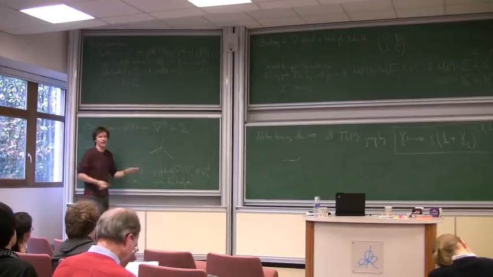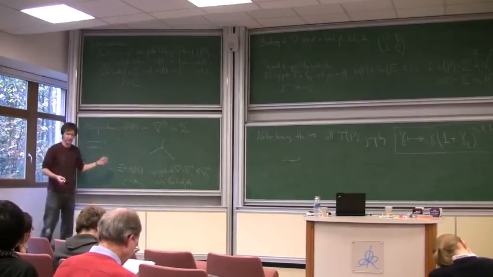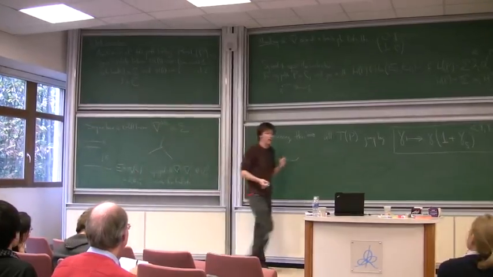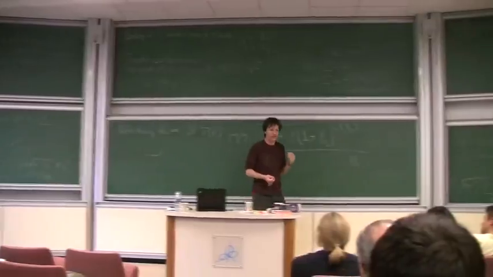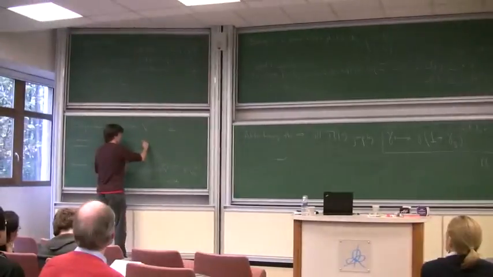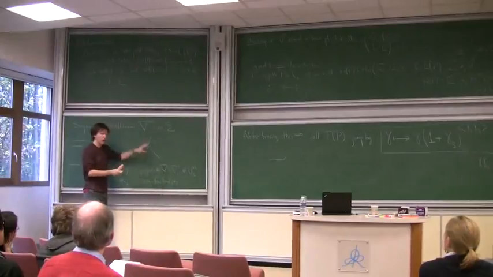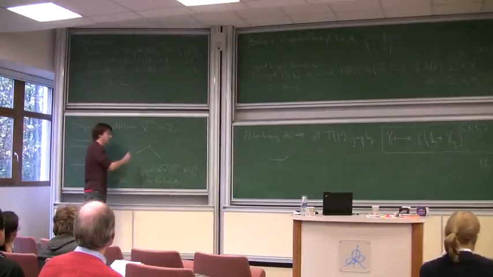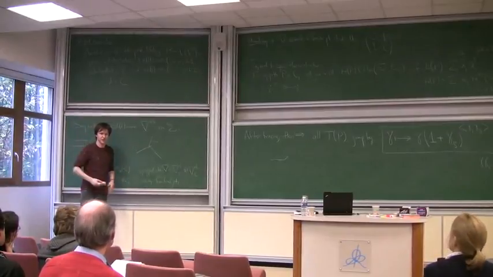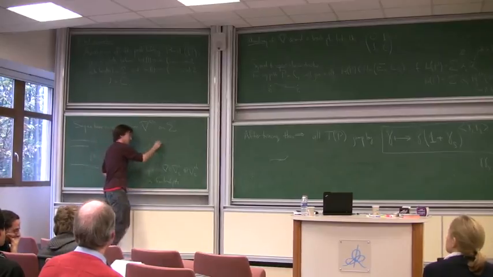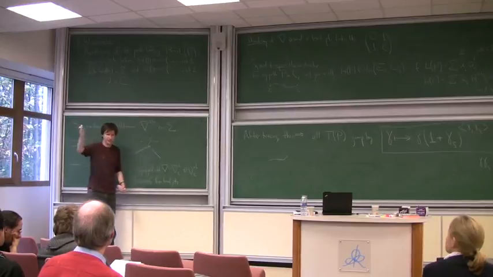Let me say it another way, in case that leaves you with some lingering concern. One way of thinking about what a vector bundle with connection is, is that it's just a functor from the groupoid of all paths on the curve C to the category of vector spaces. So I just have to assign to every point a vector space, and to every path a map between the vector spaces.